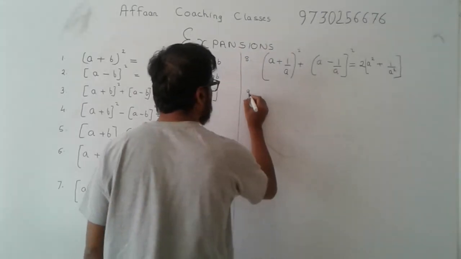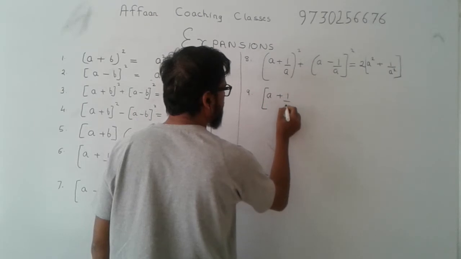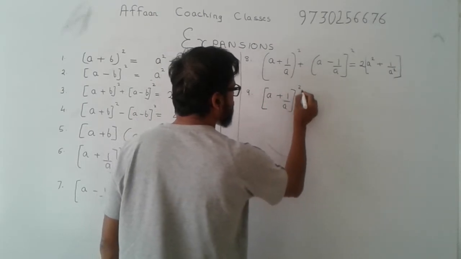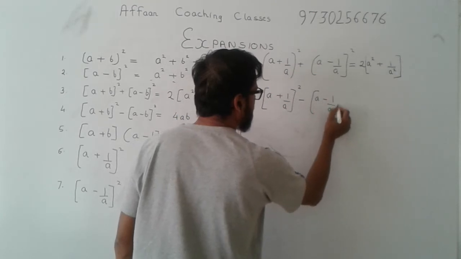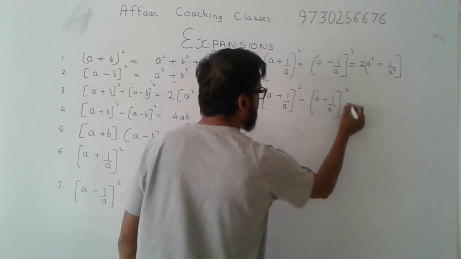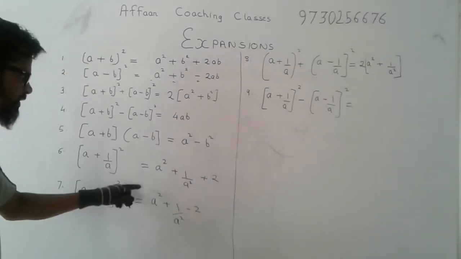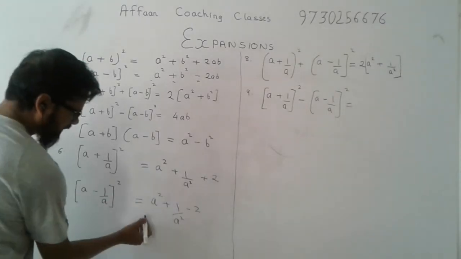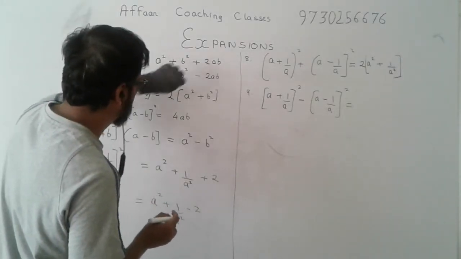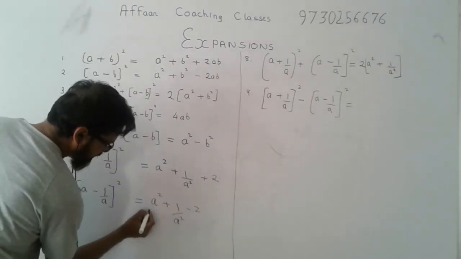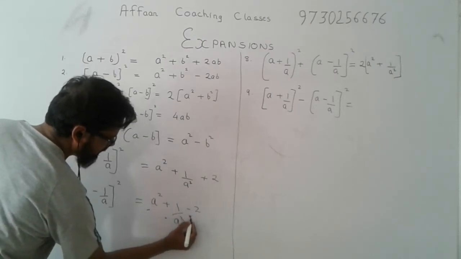Now you did the addition. Let's look at the subtraction. (a plus 1 upon a) whole bracket square minus (a minus 1 upon a) whole bracket square. Here you are subtracting these two expressions, so the signs will change. This will become minus, this will become minus, and the two signs will become plus.